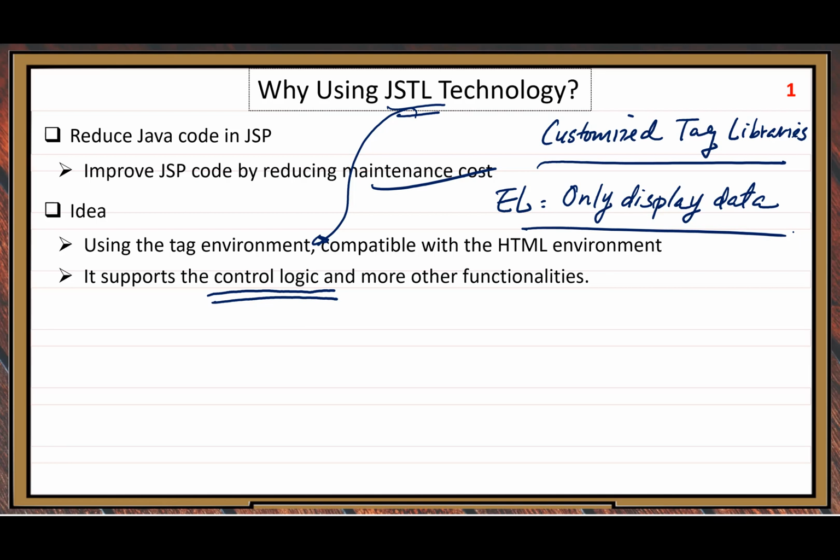It's easy to use, but it is too simple. It cannot do a lot of things. But when we display our data, frequently we need to use control logic, at least if else, for loop, while loop. Those things we have to use. With JSTL, we can do that in a pretty easy way.